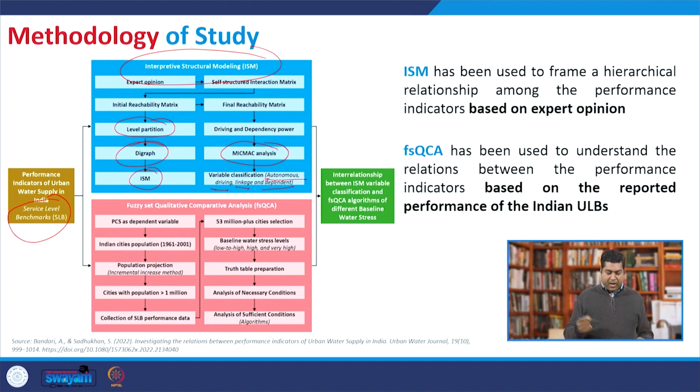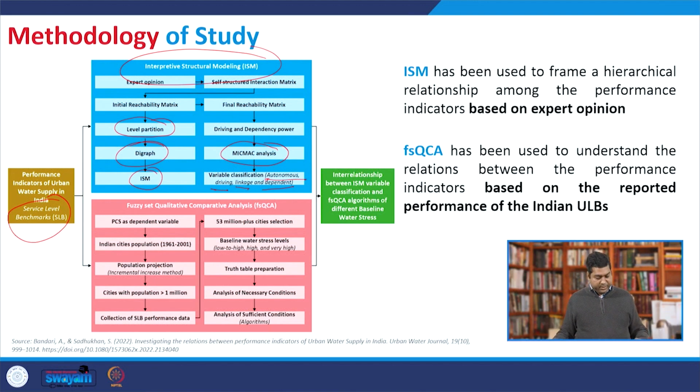The second part of this particular research is based on the data that we have. Here we have taken PCS, per capita supply, as the dependent variable. Then we have taken all the Indian cities' population from 1961 to 2001.